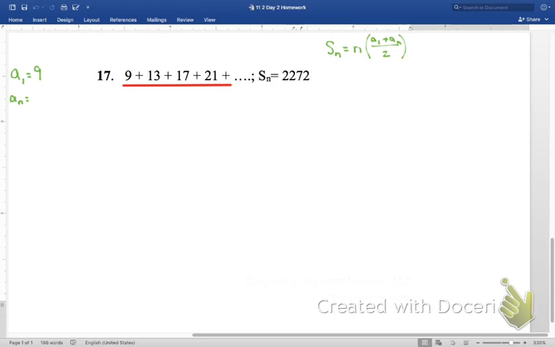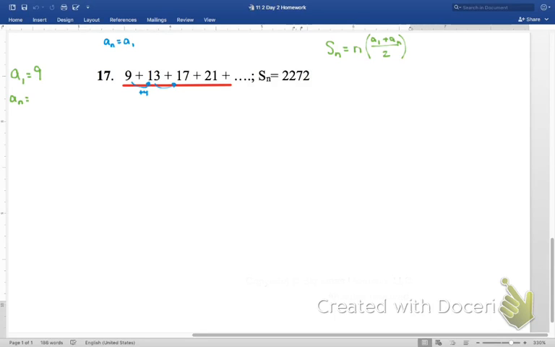I'll pick 2 terms, okay, just like I did on 7. So as far as my rule is concerned, what are we going up by? We're going up by 4. So if I'm going to write my rule, I know that my common difference is 4. I need to have a sub n equal to my first term.